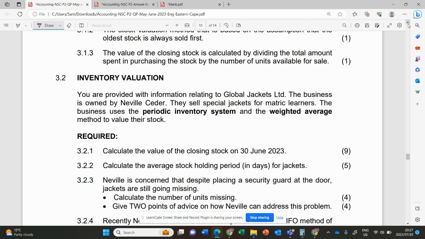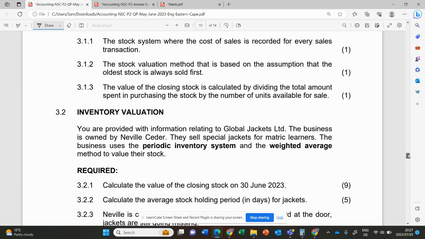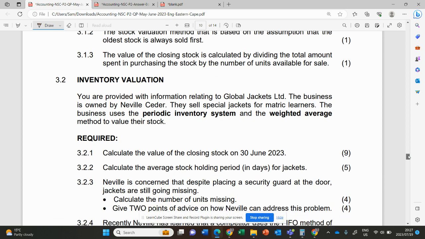The paper that we are treating now is the 2023 June Paper 2 from Eastern Cape. The recent paper.